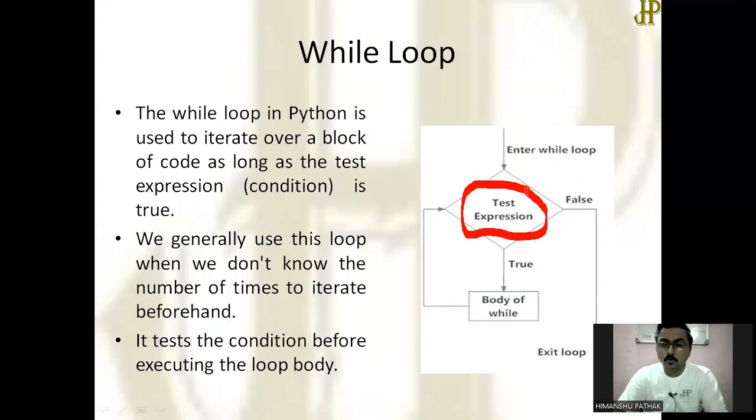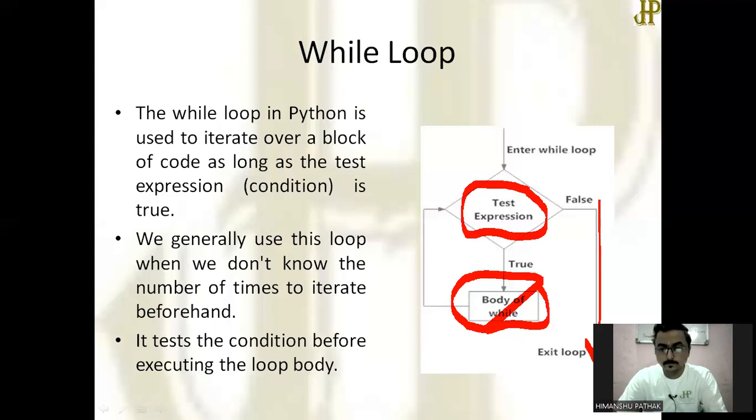If the condition is true, then the body of the while will be executed. Otherwise, exit. That's why it is known as a pre-tested loop. If anybody asks what is a pre-tested loop, it means he or she is asking about the while loop. Okay.